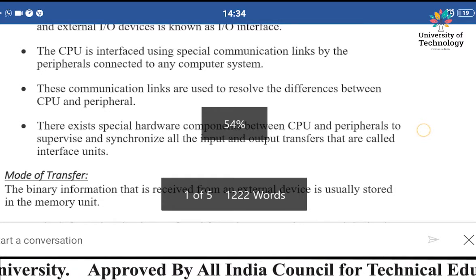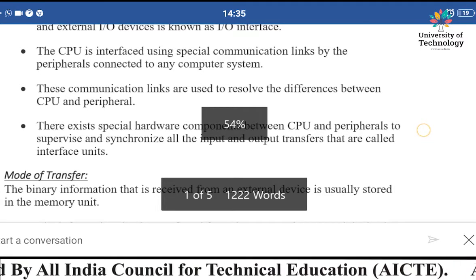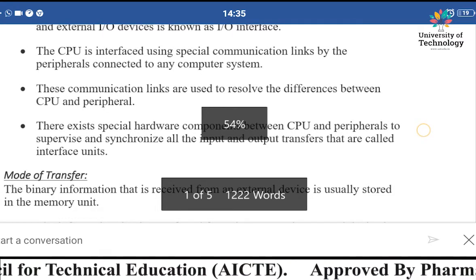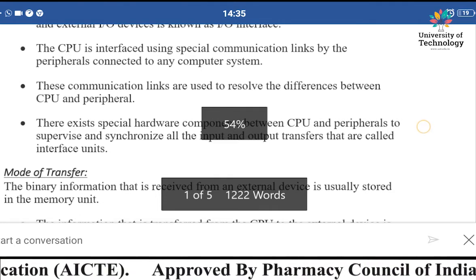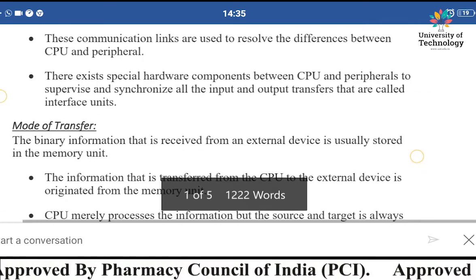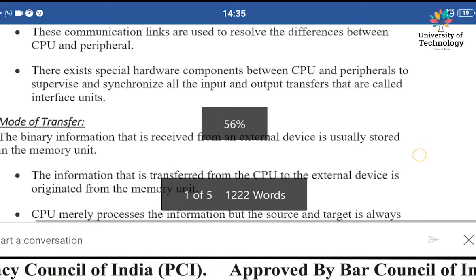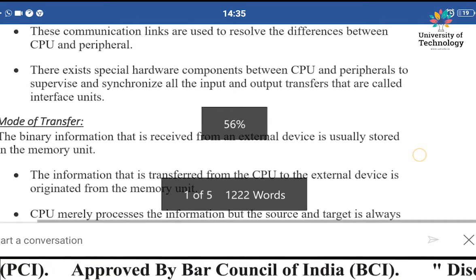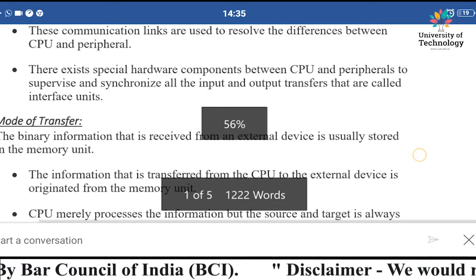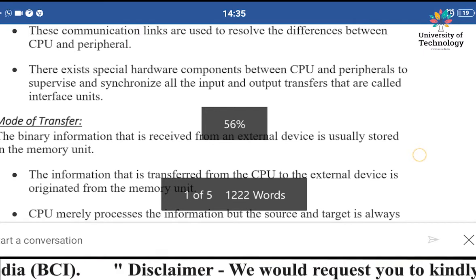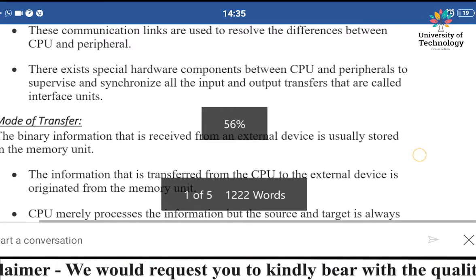Those special communication links are used to resolve the differences between the CPU, that is the central processing unit, and peripheral devices, right? So there exists a special hardware component between the CPU and peripheral to supervise and synchronize all the input and output transfer, that is called the interface unit.